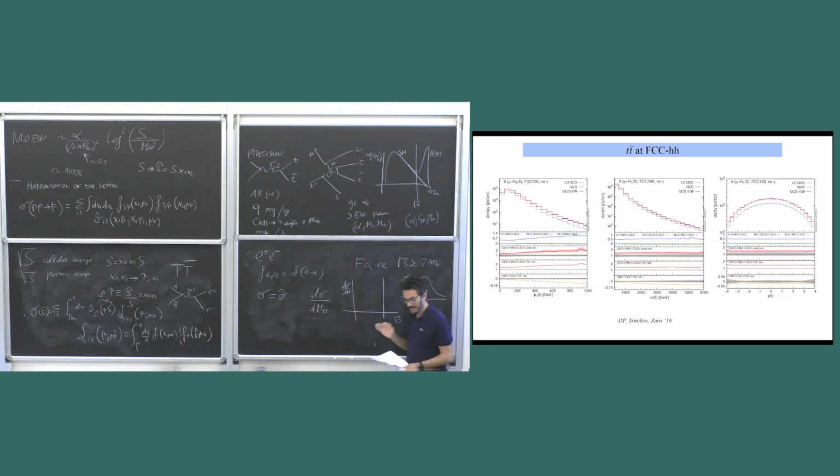Okay? Completely different story. And also, as I said, regarding the dependence of the cross-section, if you increase the energy of the collider and you want to study t t-bar production, you can increase as much as you want, but the cross-section is just dropping. So you're not getting more events, you're getting fewer events from this process.